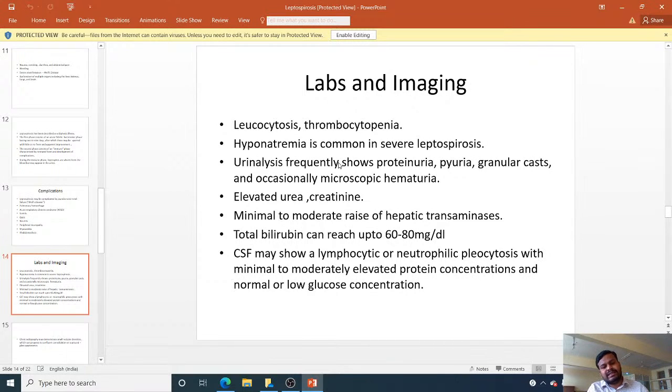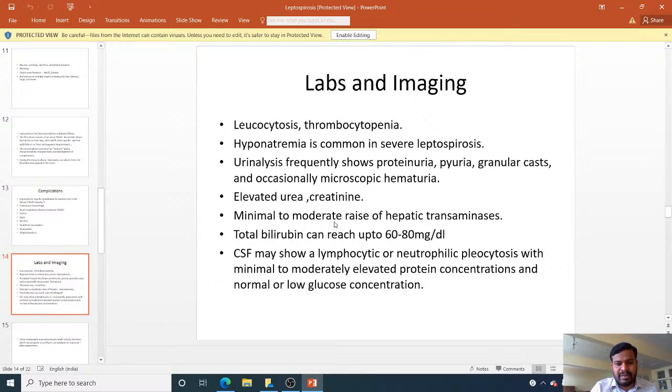Urine analysis shows proteinuria, pyuria, granular casts, and there can be hematuria also. There will definitely be elevated urea and creatinine in the renal function tests, and a minimal to moderate rise in the hepatic transaminases. ALT and AST can rise up to 10 times or less than 10 times.